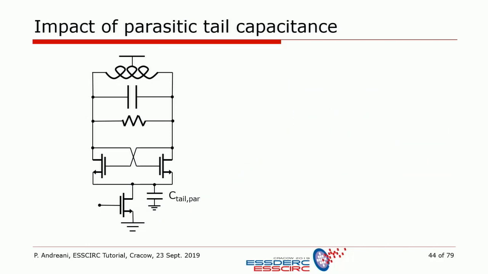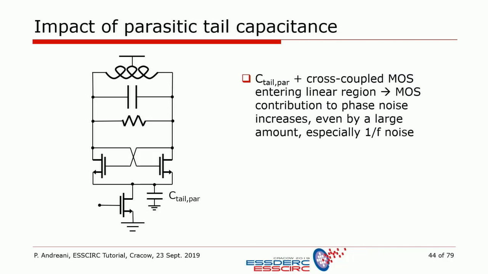Another issue that is very important in conjunction with this is that you see there are two sources and one drain at this common node there. So there's a lot of parasitic capacitance. Why are we concerned with that? Well, because of a lot of parasitic capacitance and cross-coupled MOS entering the linear region, which is usually the case when you operate these kinds of oscillators in the standard manner.